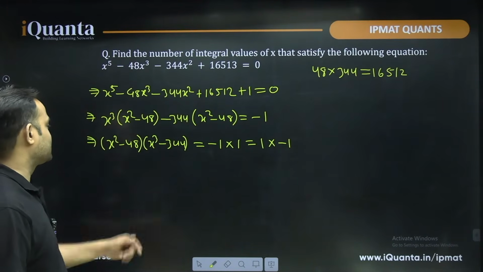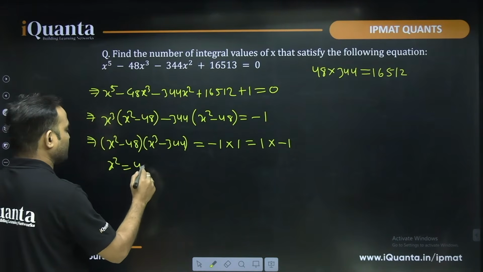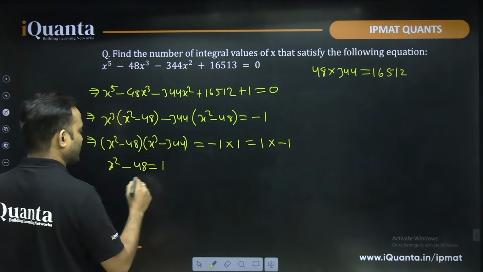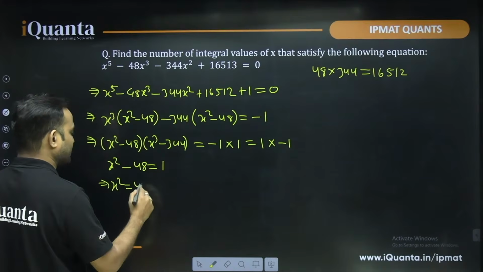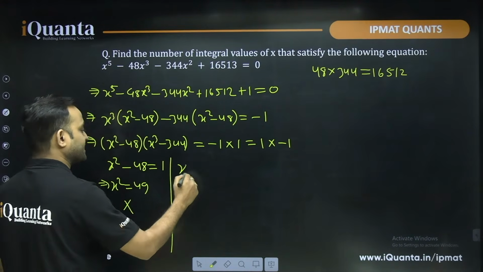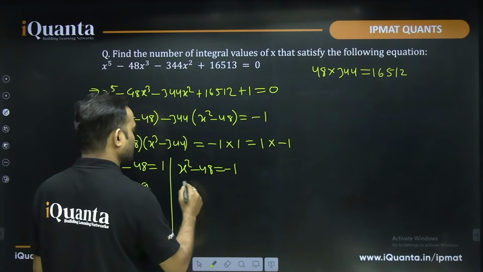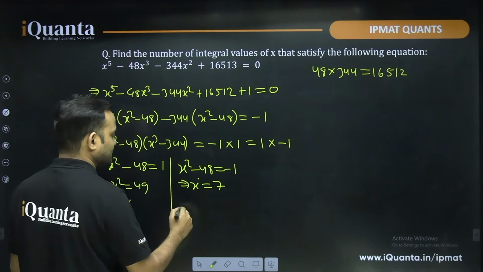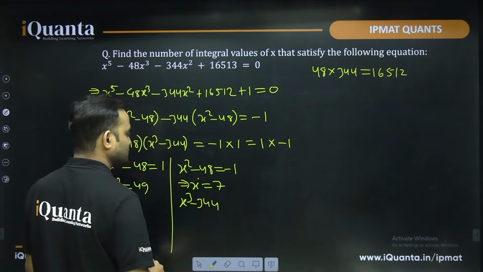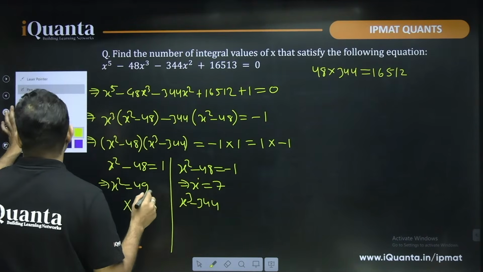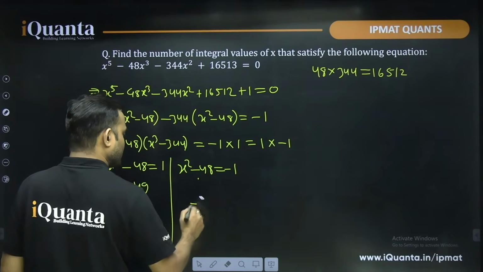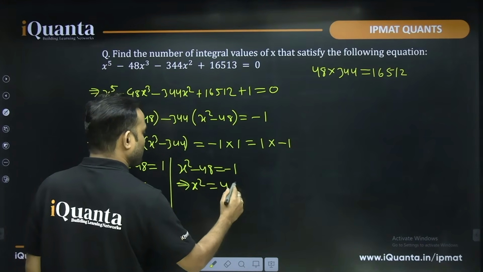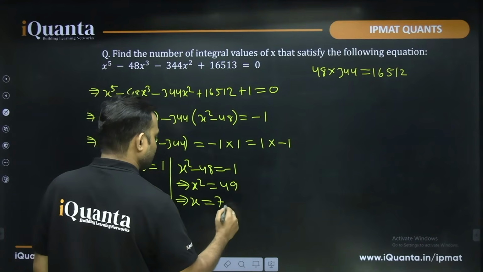Right? So let's check. If x square minus 48 is equal to 1, then x square will be 49. If I take x square minus 48 is equal to minus 1, then x will be equal to 7. If x is equal to 7, we need to check x cube minus 344. So x square is 49, so x is 7 or minus 7.